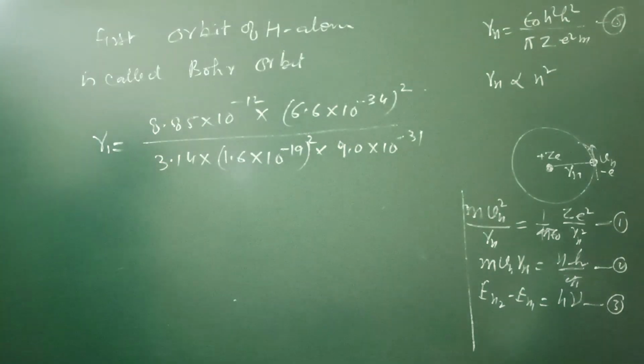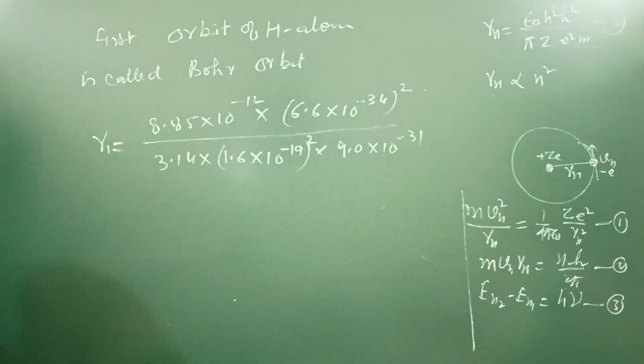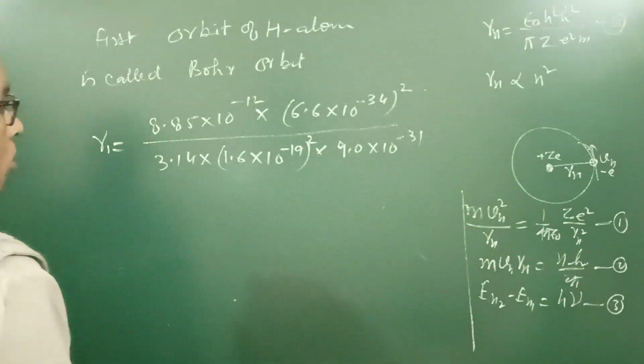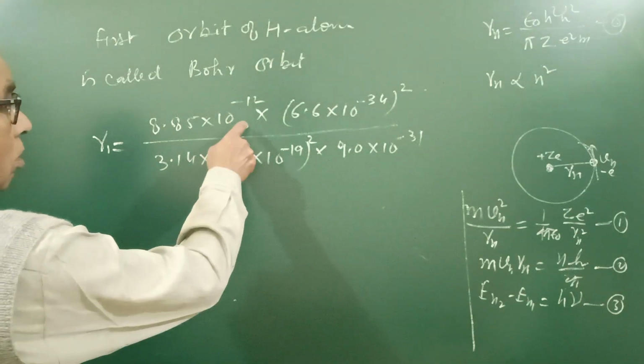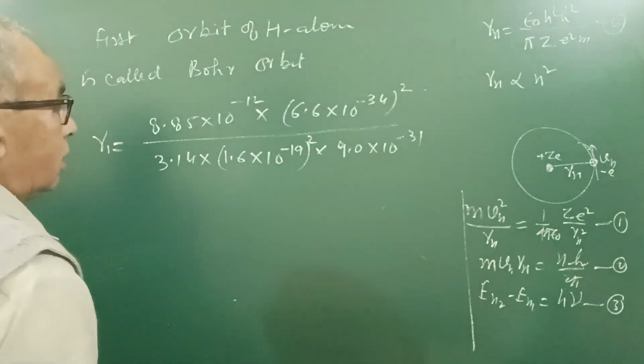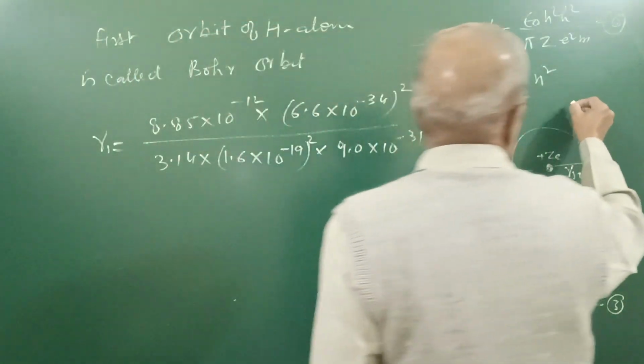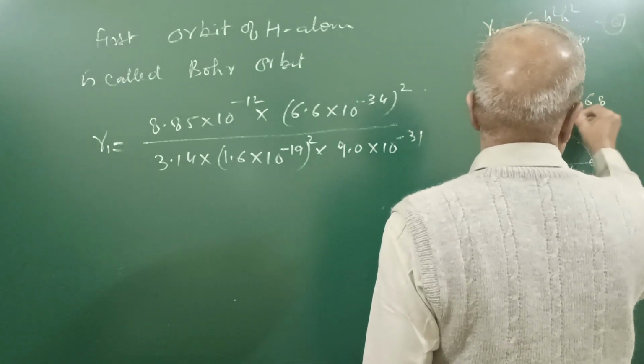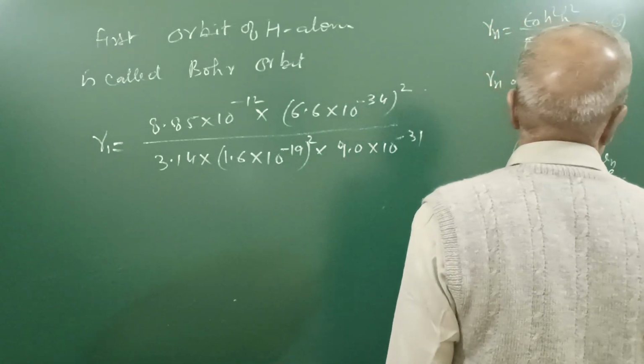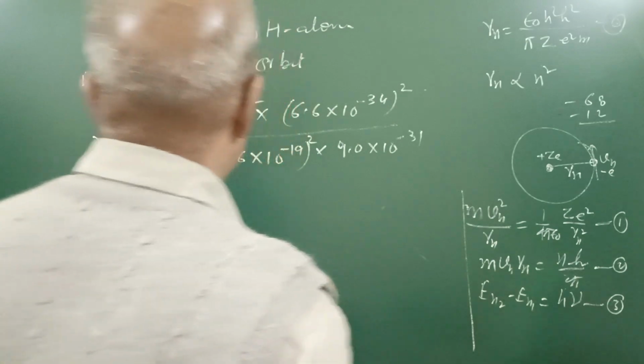If you solve this, how do you solve it? Sometimes the board exam asks to obtain the Bohr orbit radius. So the power here is 12 minus 68, or minus 12, it comes out 80 power.